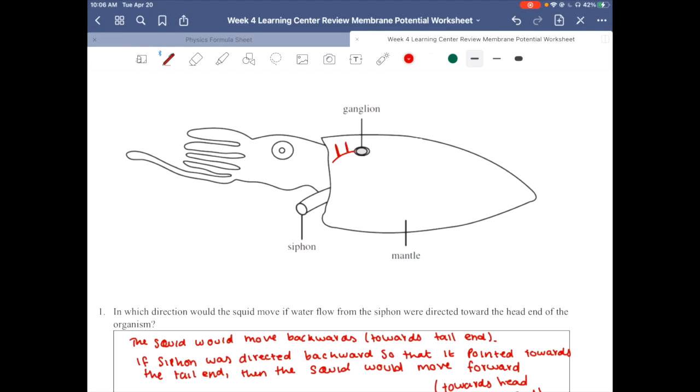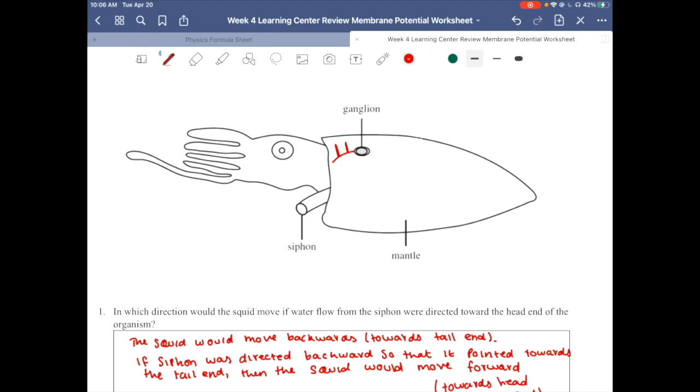This first one is the one that's innervating the mantle. This whole thing is the mantle, and we see that it's innervating the mantle nearest to the brain. So that's why we drew it in this area.